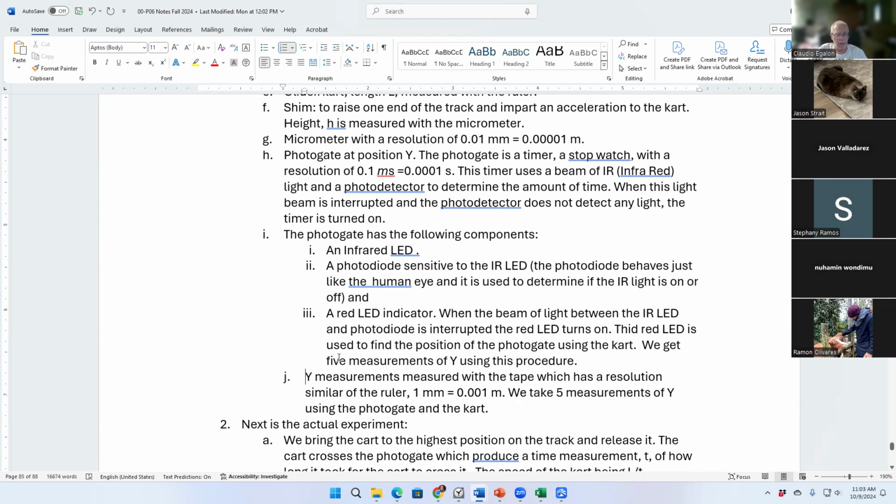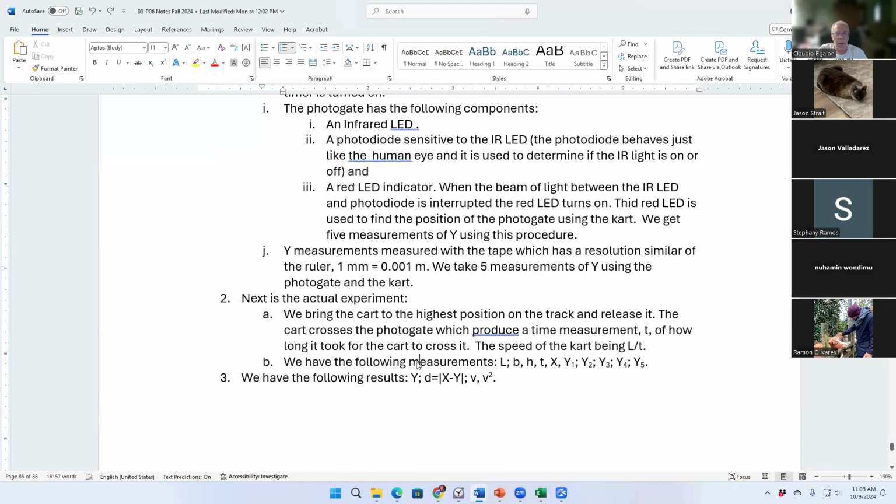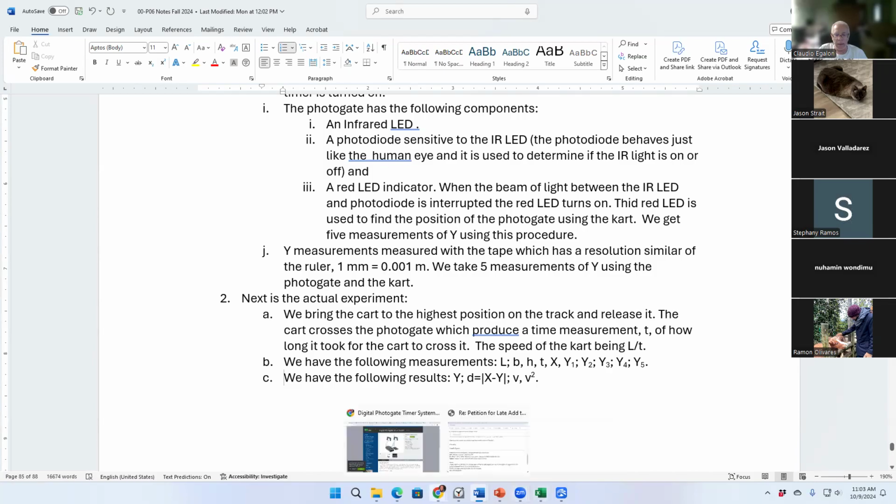The Y measurement that I already talked about. We have now the following result: Y and D, the distance between the cart and the photo gate.